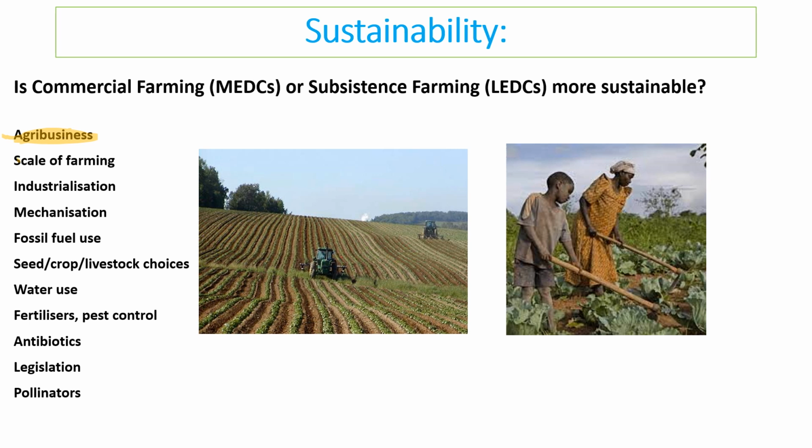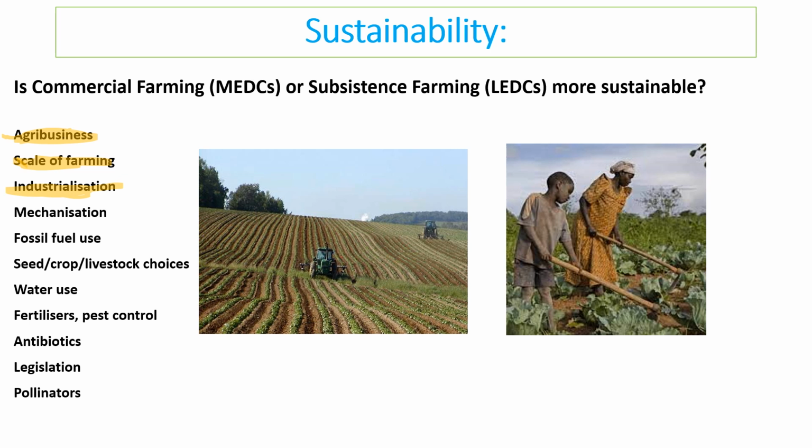The scale of the farming: commercial farming is going to be large scale, will often rely on machinery, chemicals, extensive use of fertilizers, and therefore it's going to have a lot more impact. However, there are still chemicals often used in subsistence farming, and it can still involve clearing of trees, so it can still have an impact on the environment.